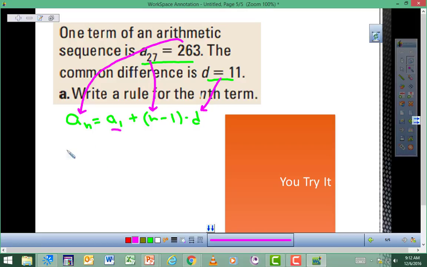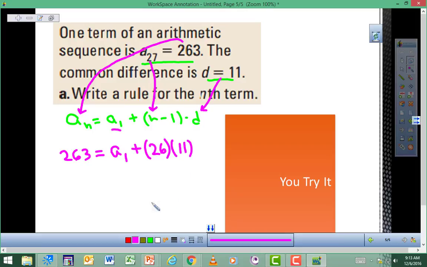Okay, so I'm going to put 263 right here. By the way, I would recommend copying down this example also. You'll have more of these on your book assignment. 27 minus 1 is actually 26, right? And the common difference is 11.